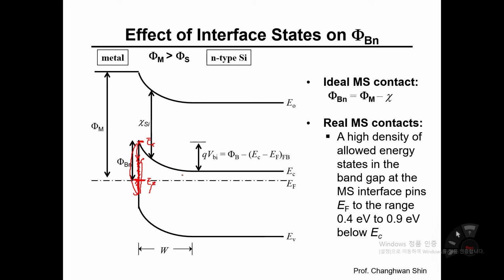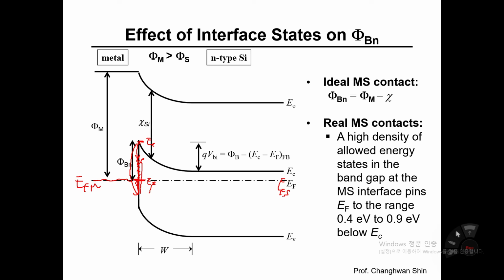Previously, according to the ideal MS contact theory, the Fermi energy level of metal and the Fermi energy level of semiconductor are misaligned when they are separated physically. However, once the metal is physically contacted to the n-type silicon material, the misaligned Fermi energy levels should be aligned to each other at thermal equilibrium.